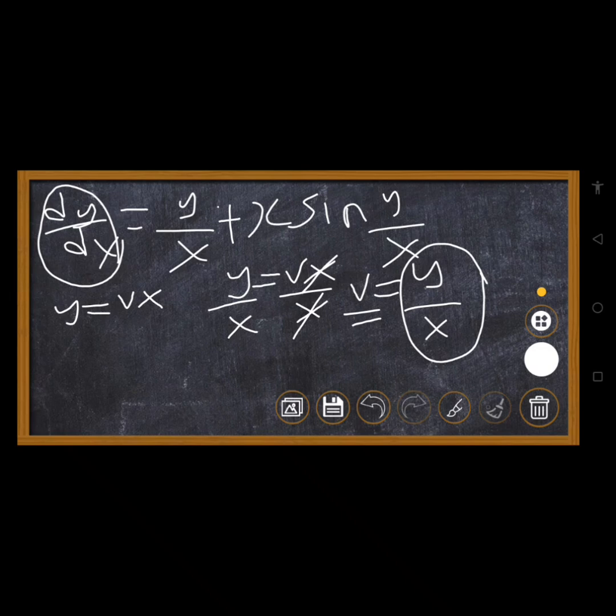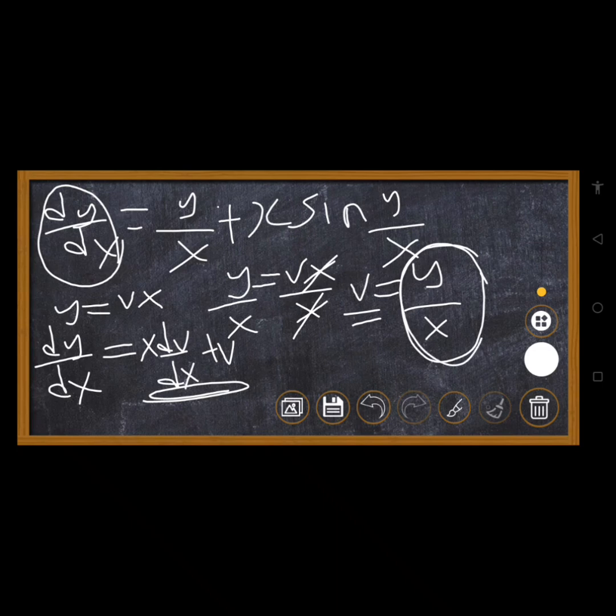So let's differentiate this. We know this is the same as this when we differentiate. We have done this already. Here we have v. It's just the same expression if you have followed me from the beginning. Whenever there is dy over dx, we are going to replace it with this, and whenever there is y over x, we are going to replace it with v. Simple, right?